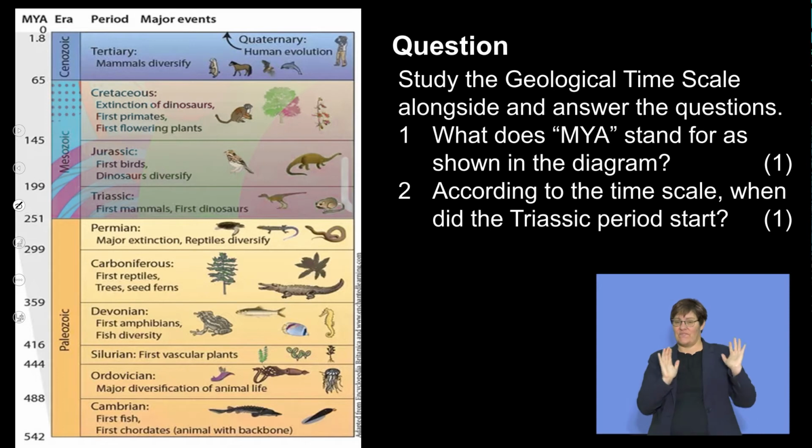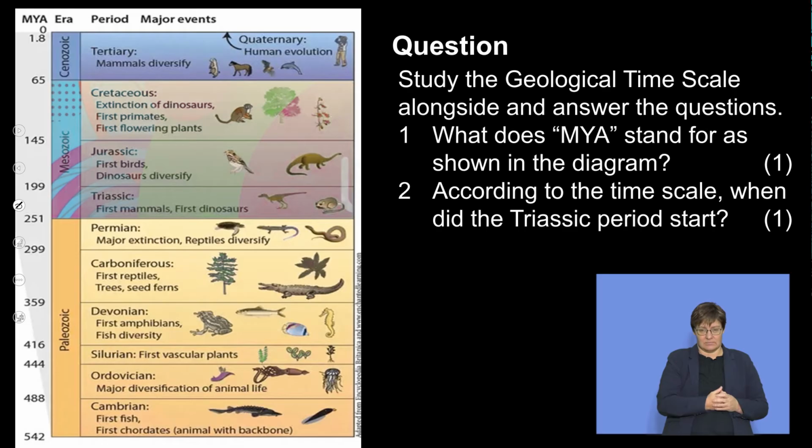Any other information, you would be given a geological timescale with some information on it, with perhaps pictures, and you would have to use the source material, use the picture in order to be able to answer the questions. So questions on this are mainly interpretation questions.